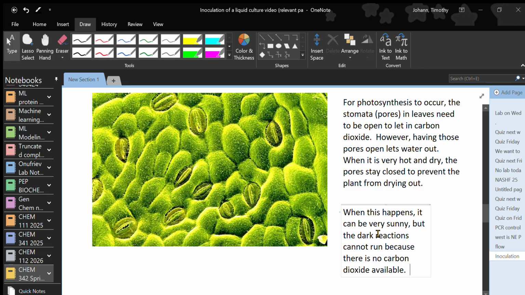Essentially, the light reaction would run, you'd make all your NADP+ into NADPH and all your ADP into ATP, and then there'd be nothing else to do with it.